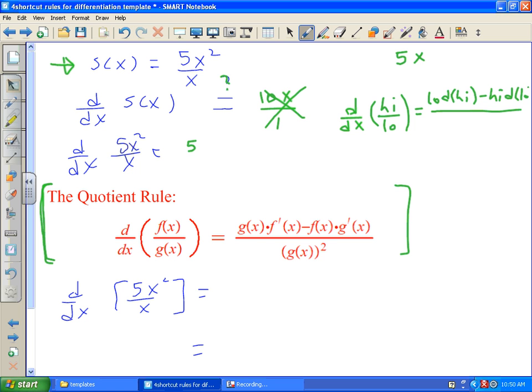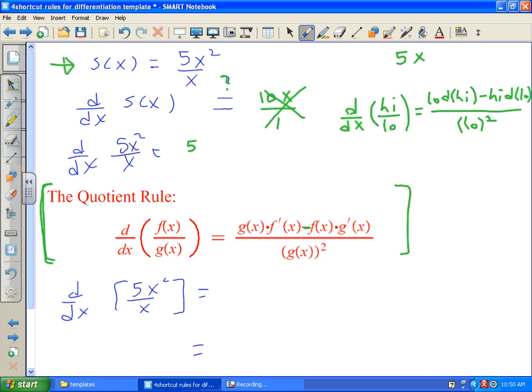Now, for some of you, it might be even more confusing to do it that way, but for me, it's an easy way. That's how I learned it, I suppose. The lower one, denominator squared, goes on the bottom. So low D high less high D low goes on the top, and everything over the denominator squared goes on the bottom. But if you forget about this, if you remember your product rule, then just remember the middle one will be minus, and in the bottom you're going to have denominator squared.